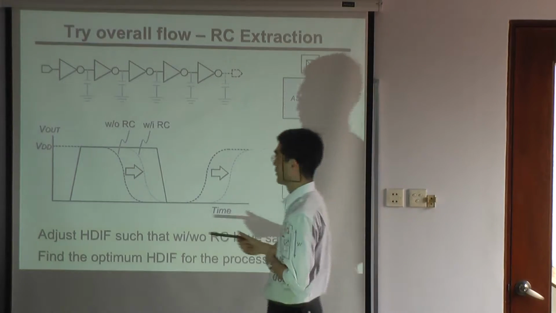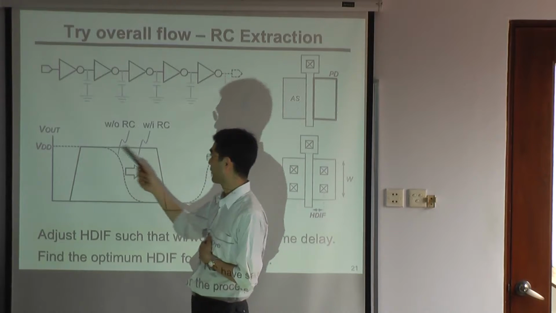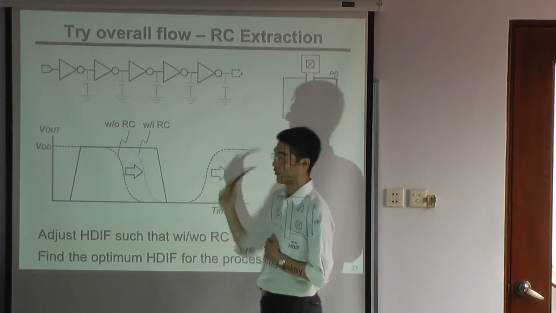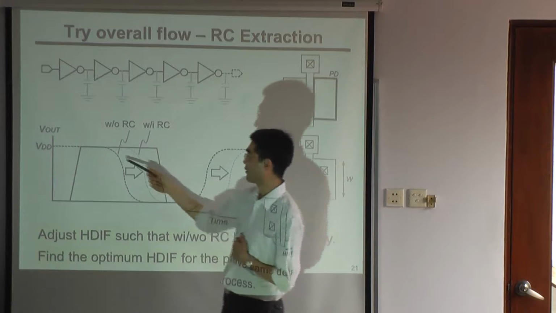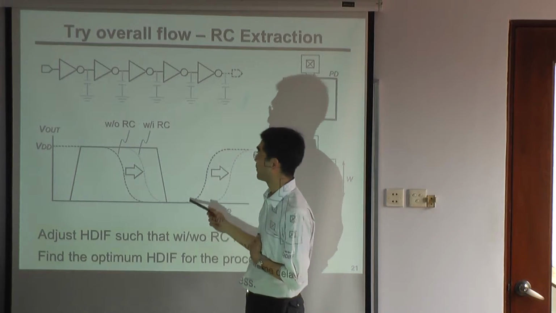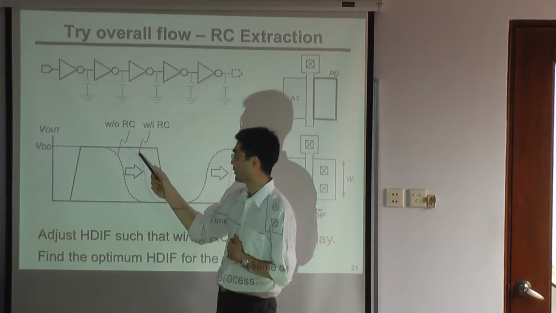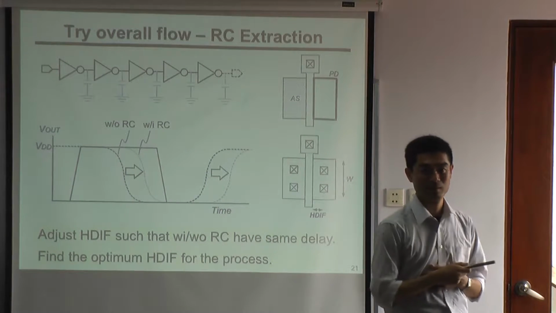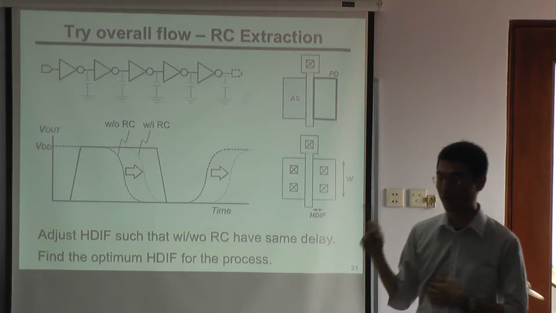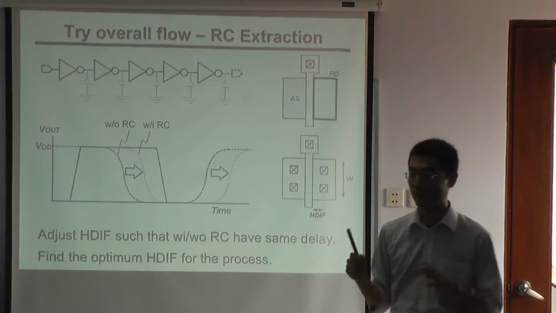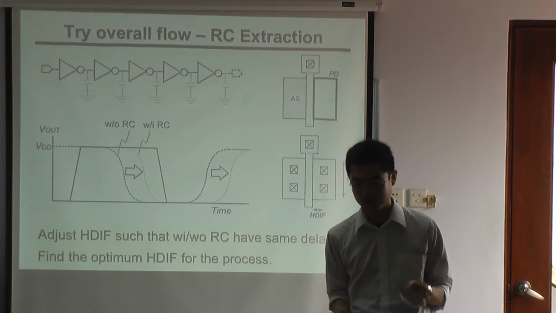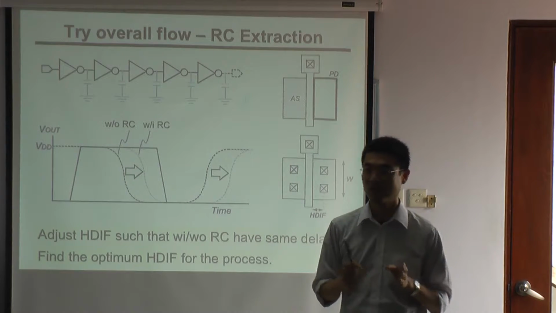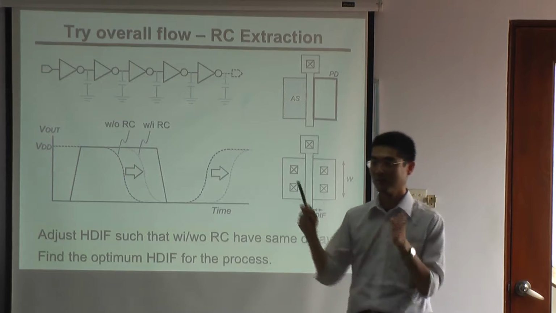So let's say the input and output characteristics: without RC, we will have this kind of curve, but after RC extraction, we will have this kind of curve. And after the layout, after RC extraction means you are at a very final stage, and your deadline might be tomorrow.